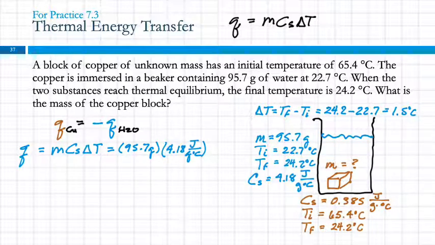And we calculated the change in temperature as 1.5 degrees Celsius. 95.7 times 4.18 times 1.5. So this equals 600.039. It would only have 2 sig figs, but I wrote the others down. I'll just leave them alone. And the units there, degrees Celsius cancel and grams cancel. And so this is 600 joules.